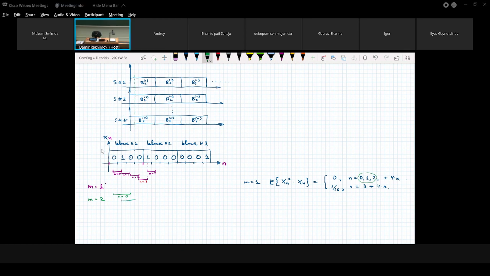We start with n equals 1. Then we take another sample that is 2 samples apart. And again, what's the answer? 0, because we're still within one coded symbol, one out of 4. And it will be repeating with period 4.